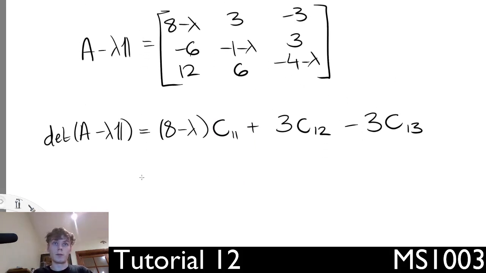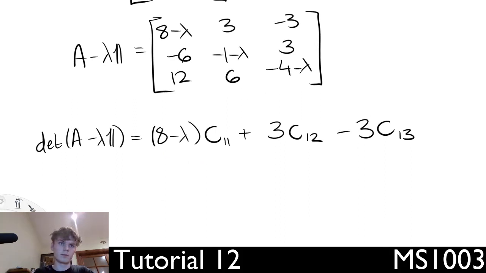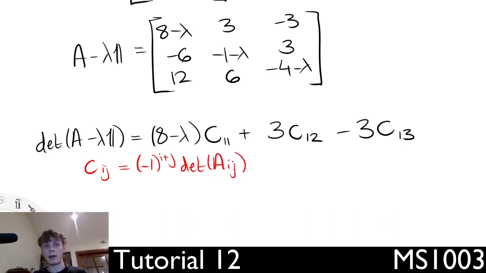If we remember our cofactor expansions, C_ij is equal to minus 1 to the i plus j times the determinant of A_ij, where we make A_ij by deleting the ith row and the jth column from A. If you're not familiar with this stuff, obviously go back and watch that tutorial.